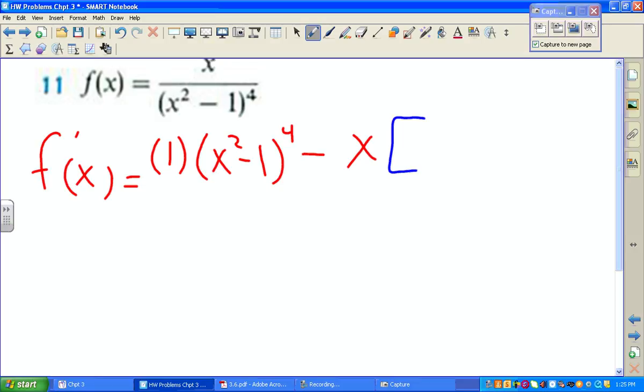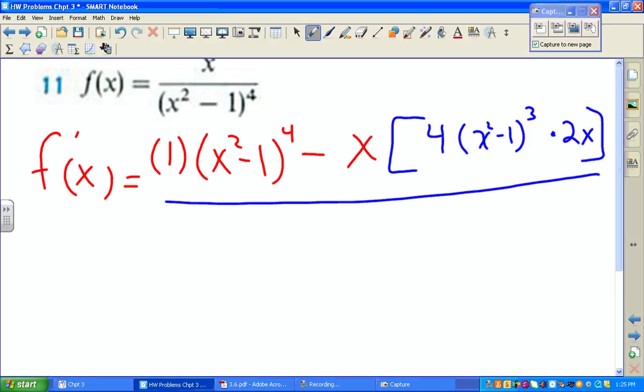So it would be 4, and then something cubed. That's the first step. And remember, when you take the derivative of the outside function, the inside function doesn't change, x squared minus 1. And now you multiply it by the derivative of the inside, which is 2x.